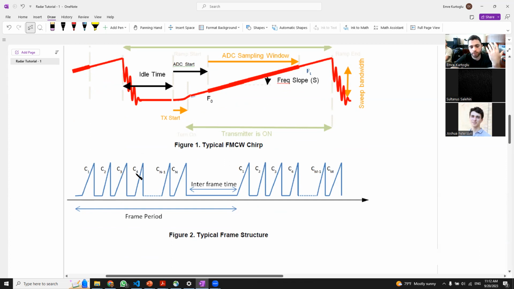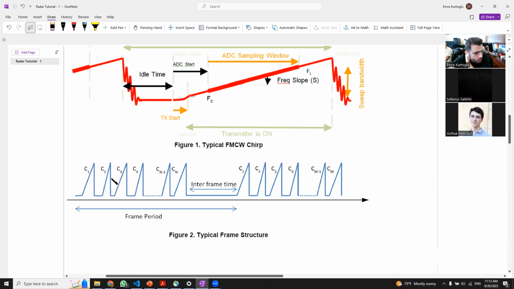These chirps have their own properties, for example their bandwidth, their ADC sampling rate, their ramp up and ramp down times. You can define each chirp individually if you wish, or you can use one chirp profile for all the chirps.